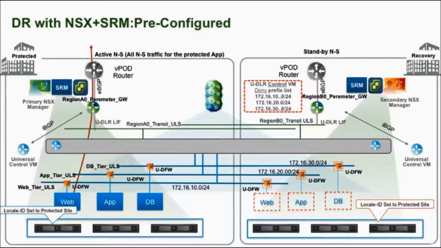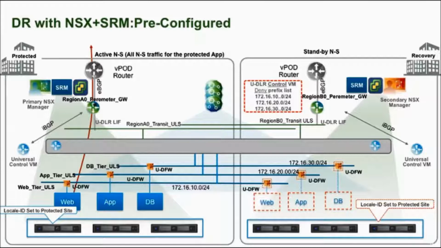In addition, vSphere Replication is configured to replicate the 3-tier application VMs. SRM has also been pre-installed and configured with initial peering. This entire configuration is done in advance to concentrate on the actual use case we need to highlight.